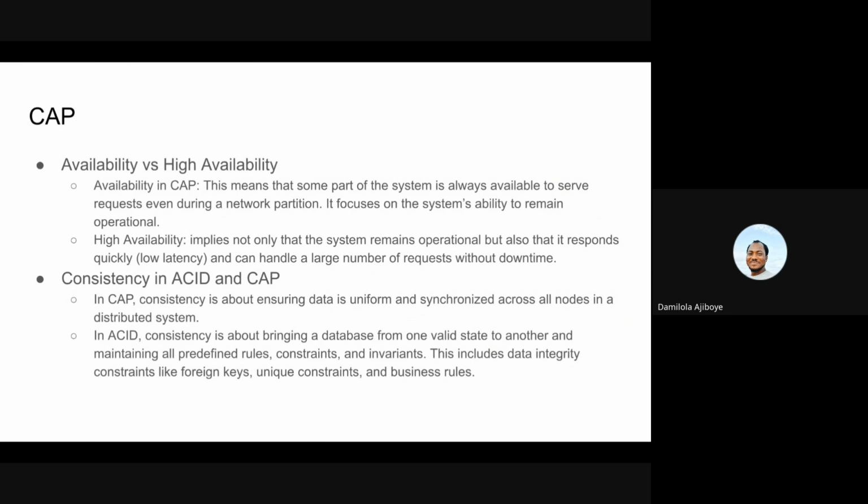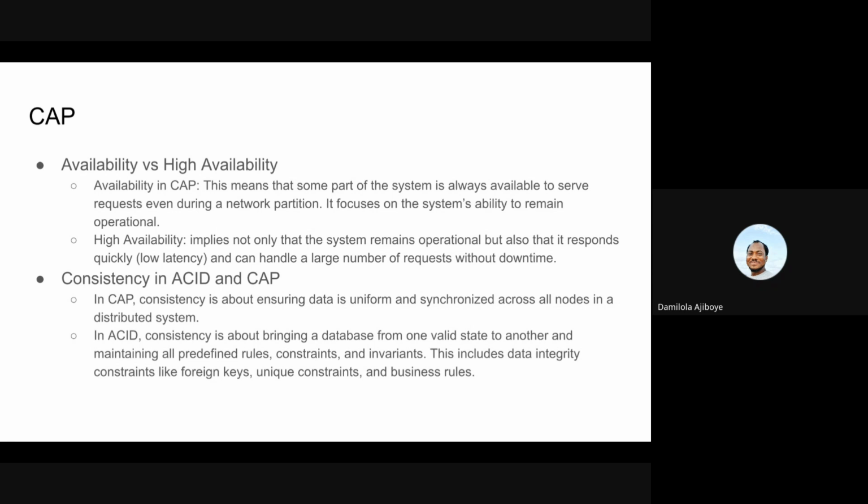It just says that whenever there's a request, the system should always be able to respond to that request, but there's no time bound on what the latency should be. High availability is not just about the system being operational, but we want low latency as well.